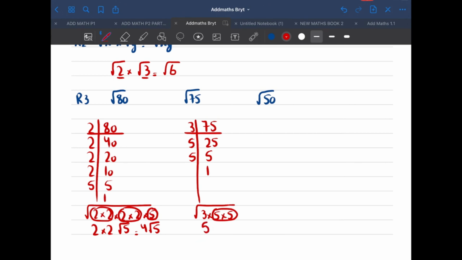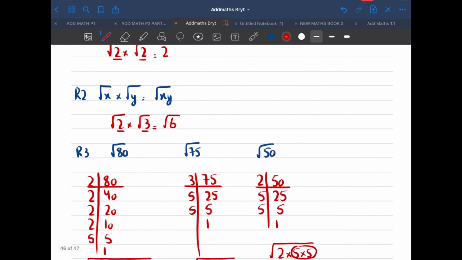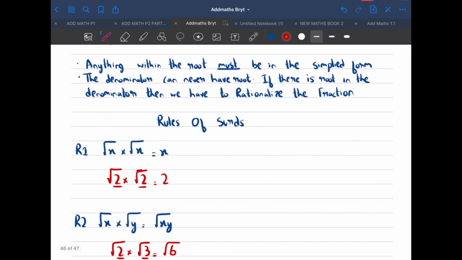Do you get this? Now let's try one last one. 2 times 25 is 50. 5 times 5 and 5 times 1. So can I write this in a square root? 2 into 5 into 5. 5 times 5 means under root 25, which is equivalent to 5 under root 2. Did you get till this point? So I hope we are clear with rule 1, 2 and 3.